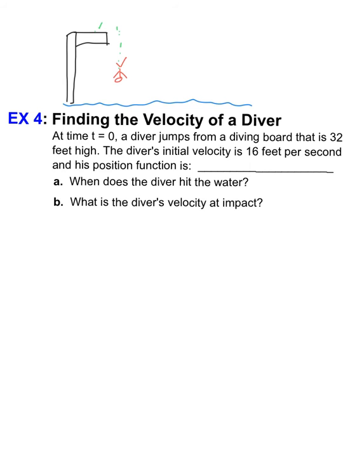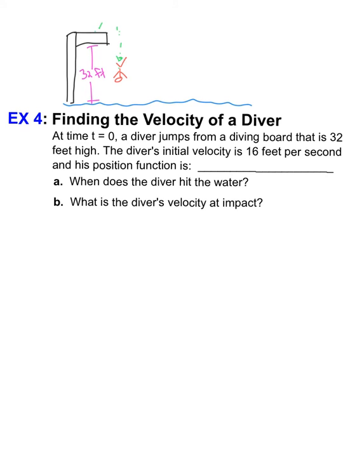So there's my diver. And then in this particular case, this is 32 feet from here to here, okay? And, oh, my diver is clearly going in this direction, so I'll put an arrow that way.